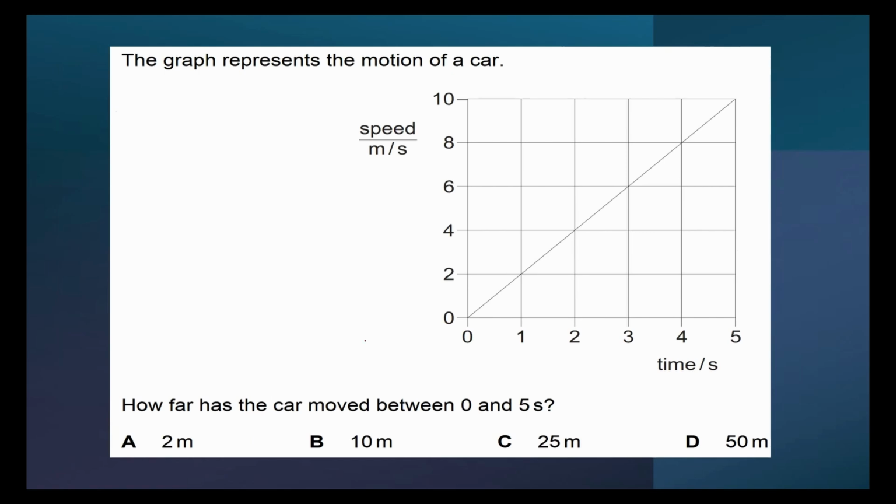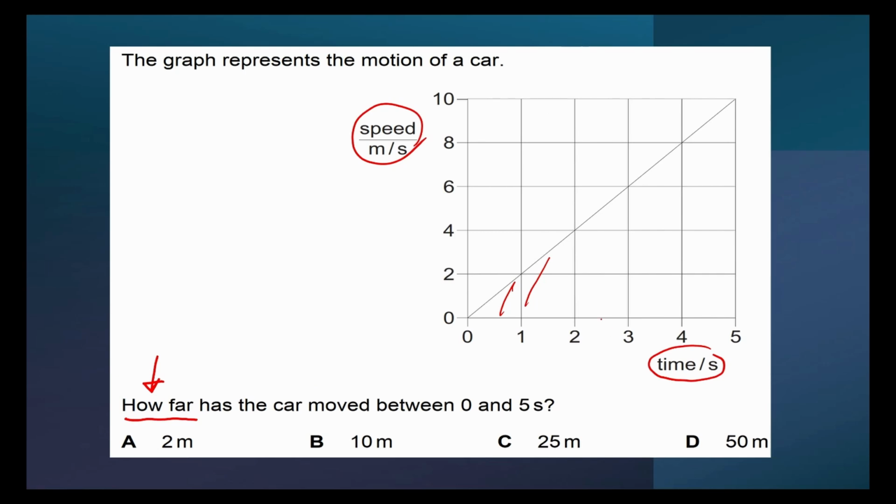Another question about the distance, because they said here how far. The graph represents the motion of a car, and how far means we are calculating the distance. No need to read it because I have already read it. How far has the car moved between 0 and 5 seconds? Look at this. We have here the area under the graph. Why? Because we have here speed and time.